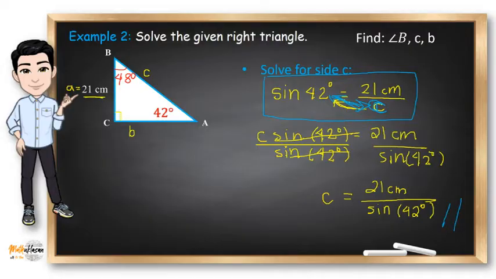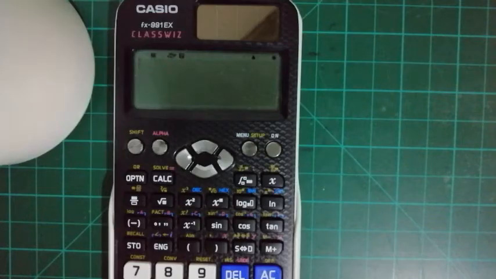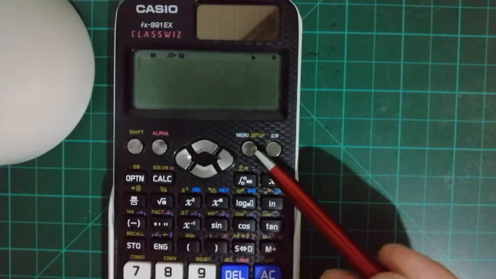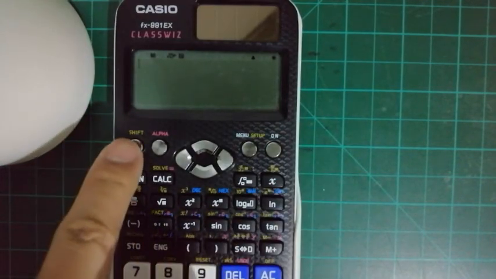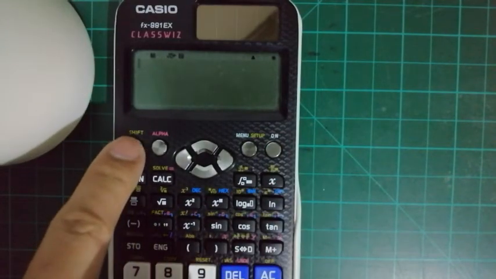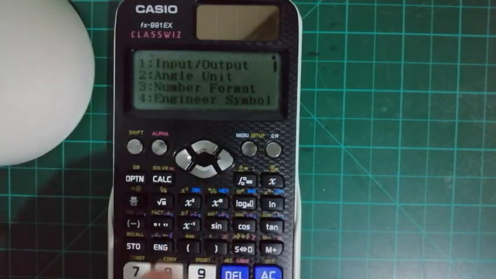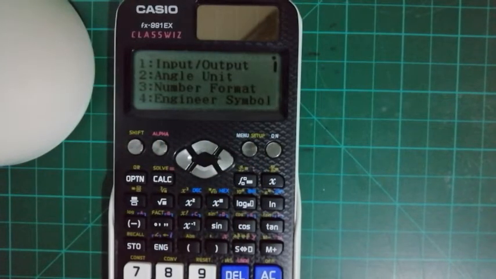Ngayon, ang kailangan na lang natin ay gamitin ang ating calculator para ma-solve yung value ng C. Okay, so if you want to use your calculator, make sure that it's in degree mode. And in this calculator, ang kanyang degree mode ay nakikita pagka ipapress mo yung shift and then menu. Dun sa mga old Casio calculators, parang ganun din. Usually shift mode lang.